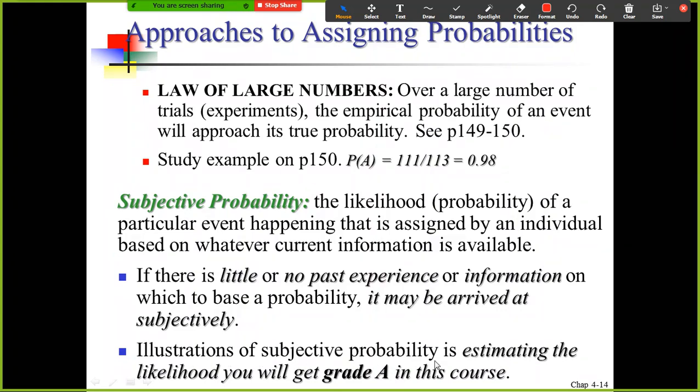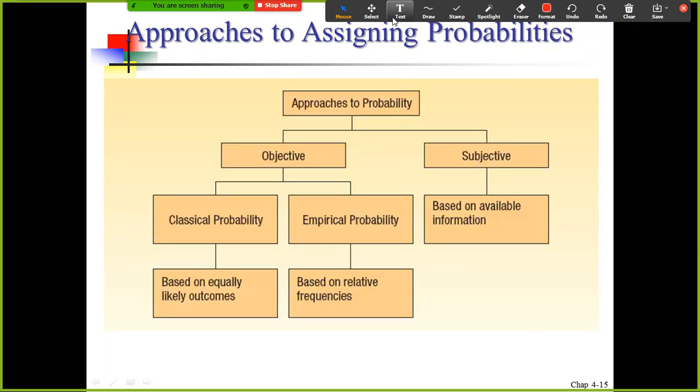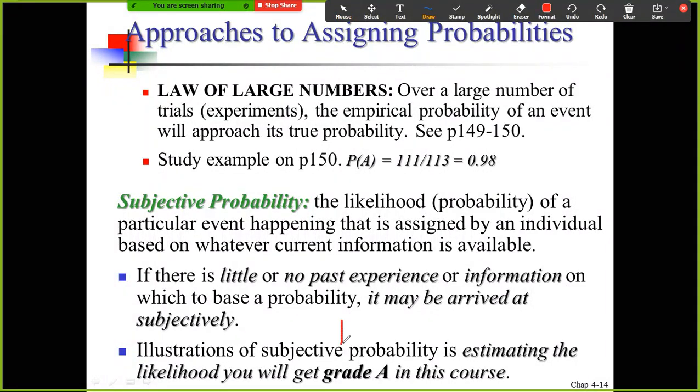An illustration of subjective probability is estimating the probability that you will get grade A in this course. The probability that you will get grade A depends on your current activity in the class, not on your past experience.